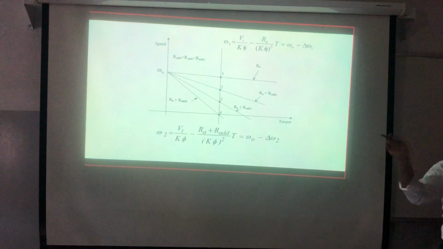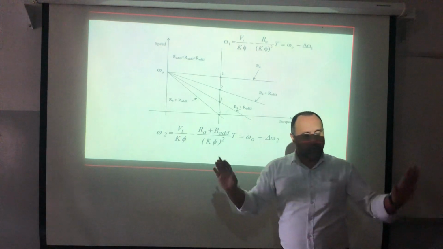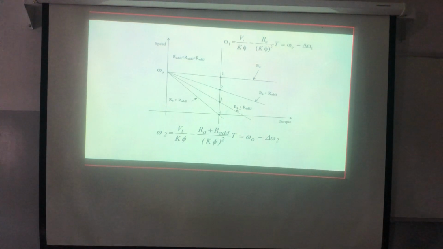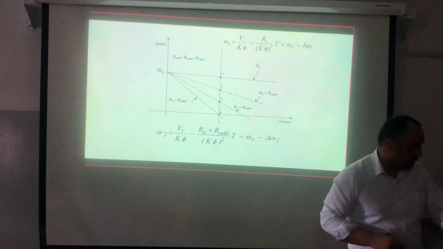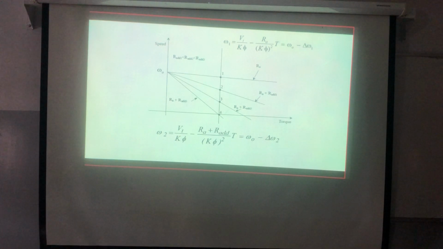Now, this is the torque speed characteristic, yes or no? And you know that if the flux is constant, the torque is proportional with the current. So simply here, instead of the torque, I can write IA. So this point, and this point, and this point have the same IA?